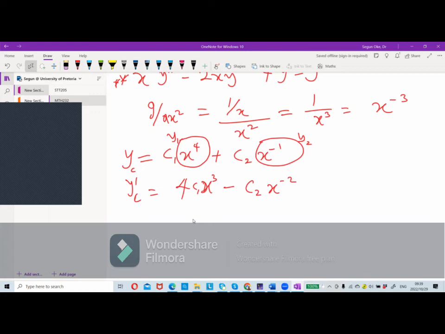Good. So in this case, we have y1 equals x raised to the power 4, y2 equals x raised to the power minus 1. Then y1 prime is equal to 4x raised to the power 3, and y2 prime is equal to minus x raised to the power minus 2.